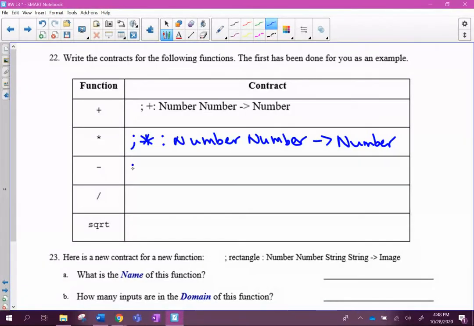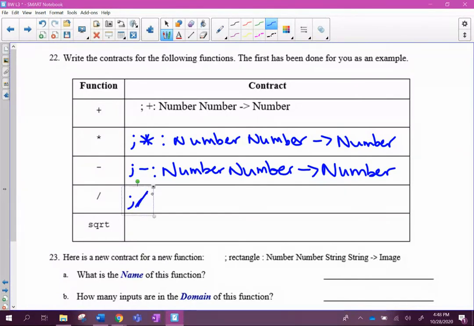The only thing that's changing is the name. So for subtraction, my name is minus, colon, number, number, arrow, number. Division, same thing. Semicolon, divide, colon, number, number, arrow, number.